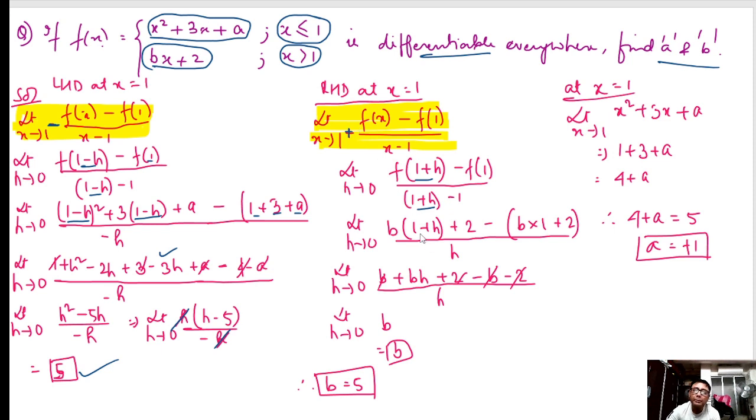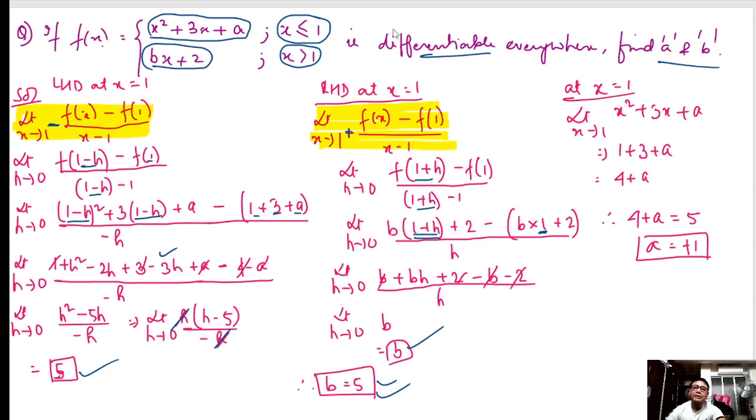So here is our bx plus 2, and here is that x. So solving it, we are cutting out the common parts, we get b. Now since it is differentiable, the left hand derivative should be equal to the right hand derivative. That means I can tell b is equal to 5.